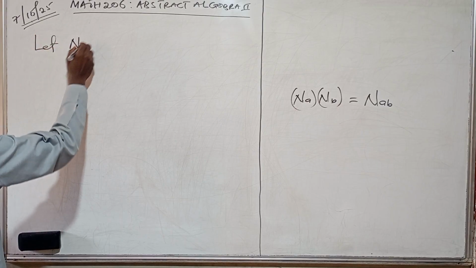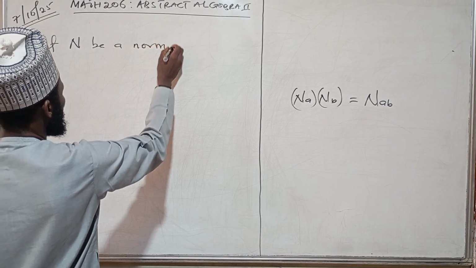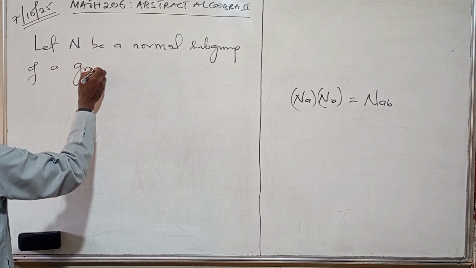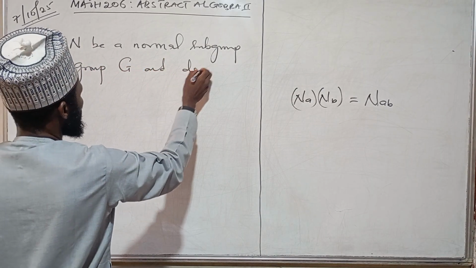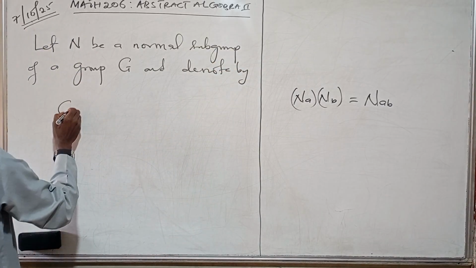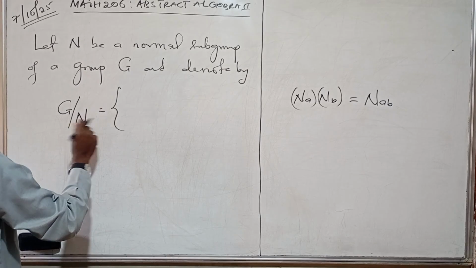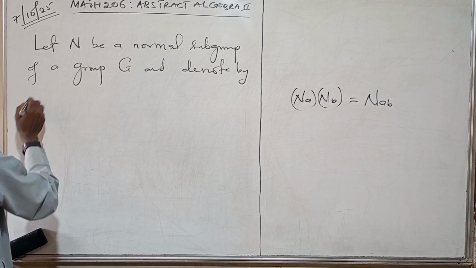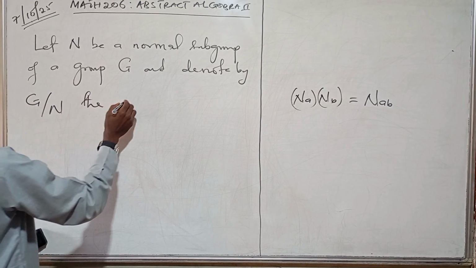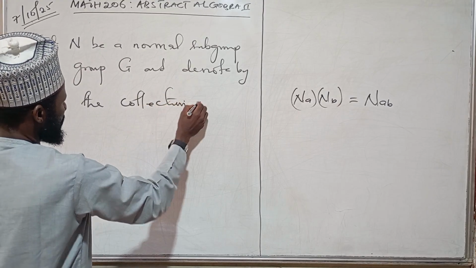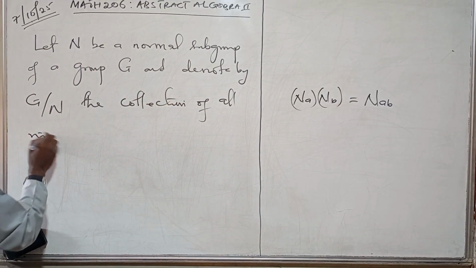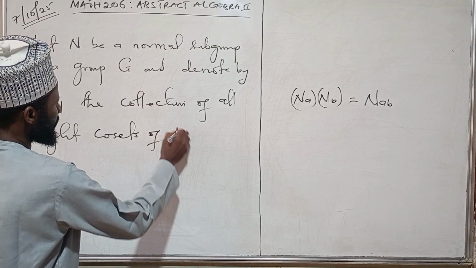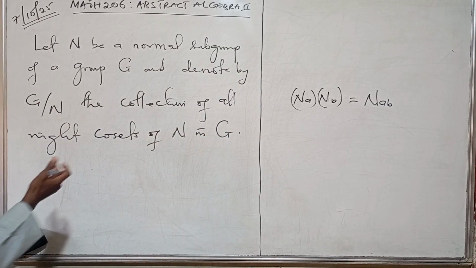Let N be a normal subgroup of a group G. And denote by G/N the collection of all right cosets of N in G. This will still be a set.